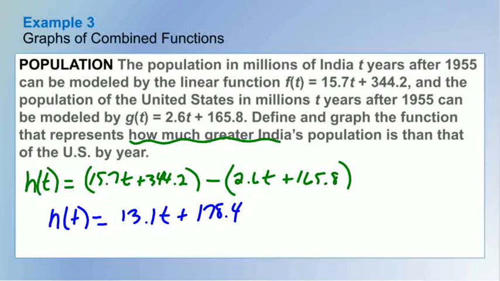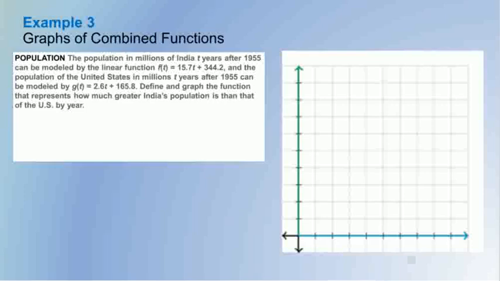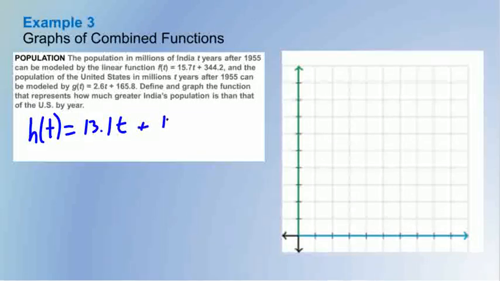So this is the function that we are now going to graph. So this is h of t equaling 13.1t plus 178.4. Now my coordinate plane, we're only going to use positive values because I can only have positive number of years and positive population.